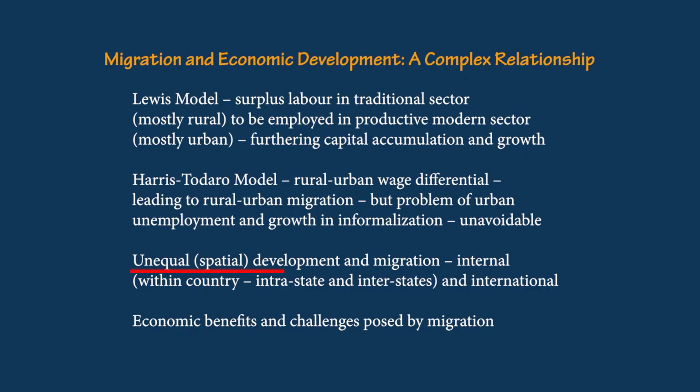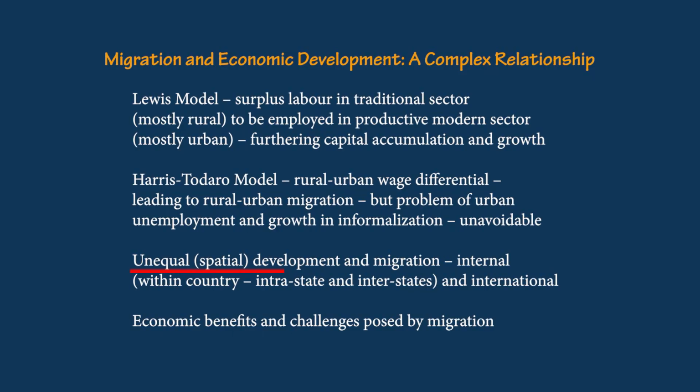Also, unequal spatial development might influence migration. It can be locally or internationally. Imagine out of 3-4 regions, if one region is more developed as compared to other regions, from the less developed region, a lot of people will try to migrate to the more developed region. This we have already seen in the global case, right? Where are most of these migrants going?